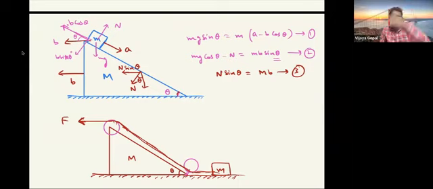What is the acceleration of the small block? Can you tell?